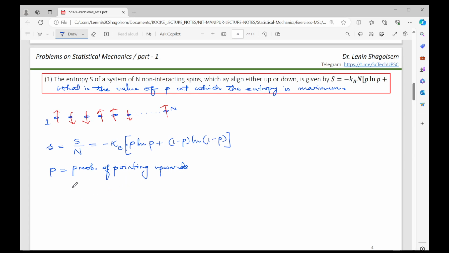This kind of calculation can be done straightforwardly.